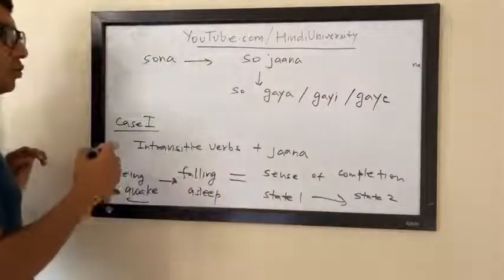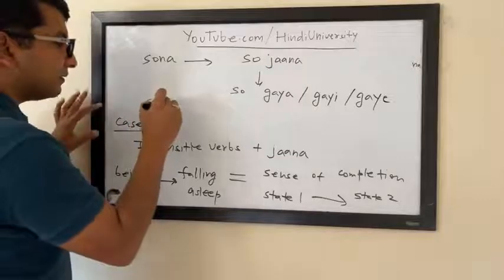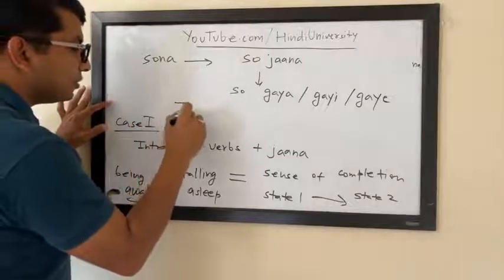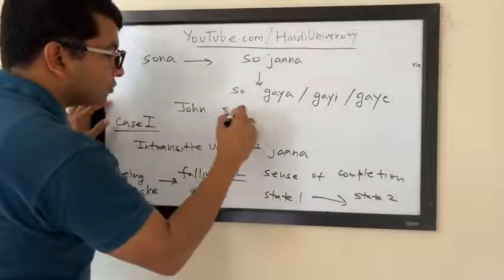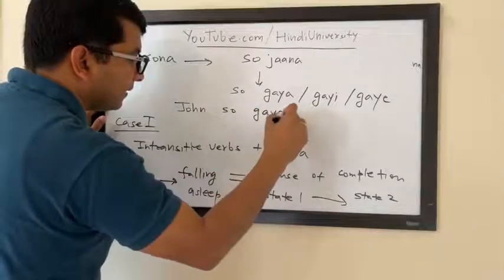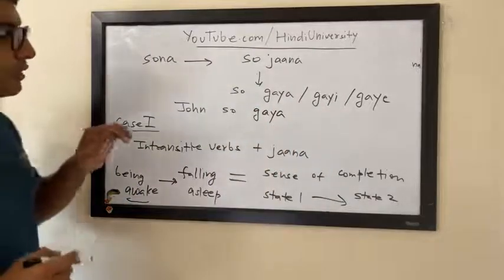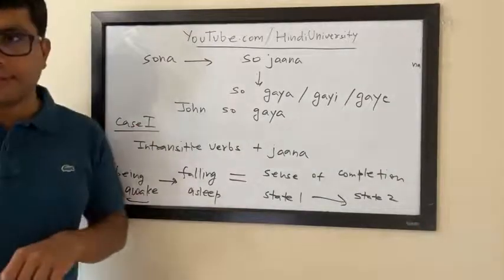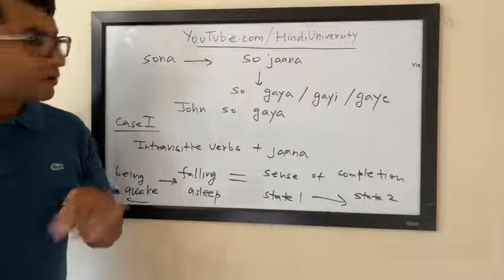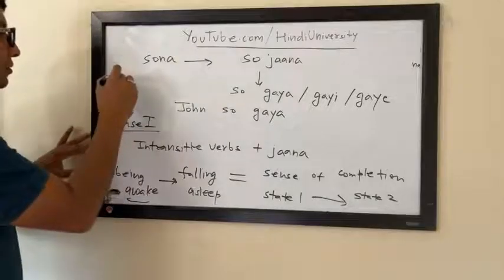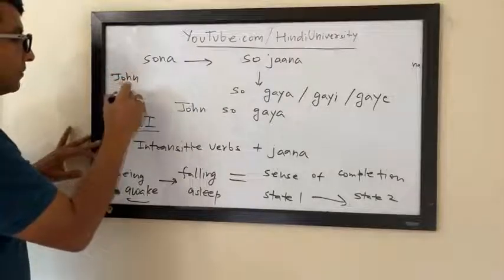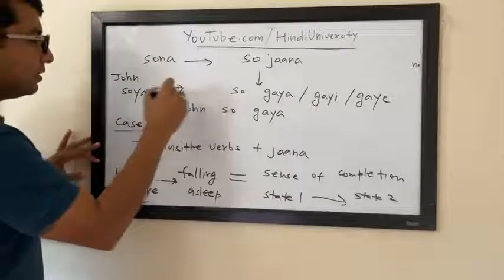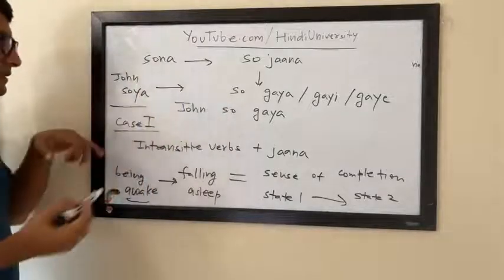So when you read something which says John sogaya, it really means that John's state changed from being awake to falling asleep. As opposed to John soya, which is a grammatically 100% correct sentence.